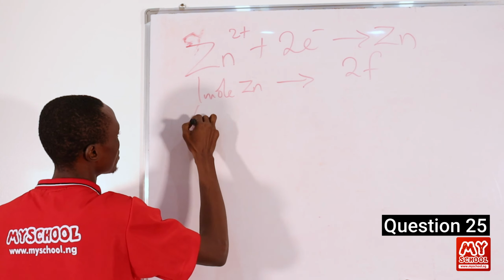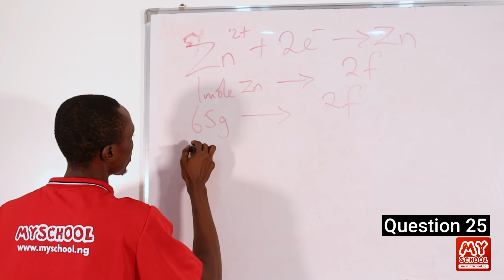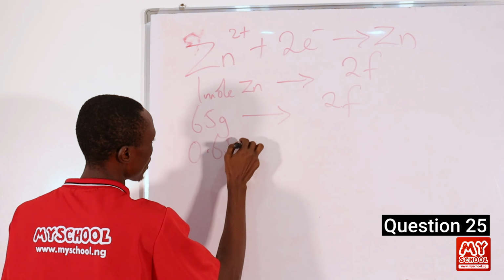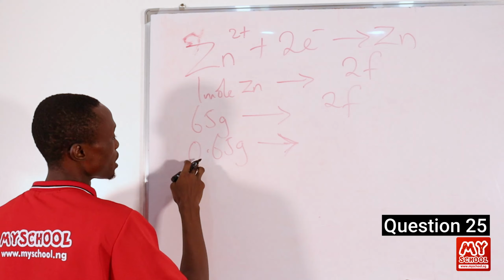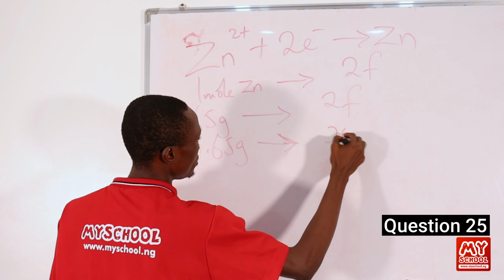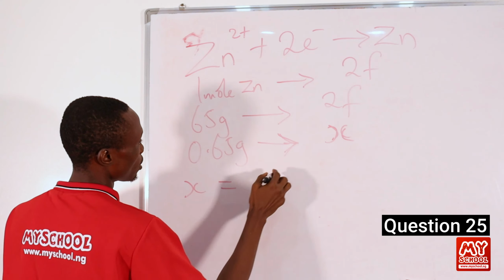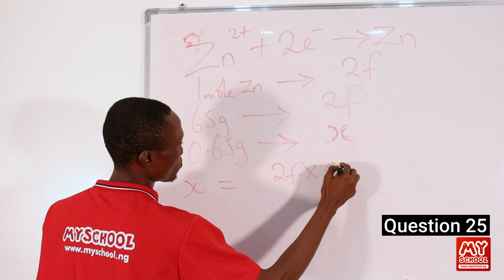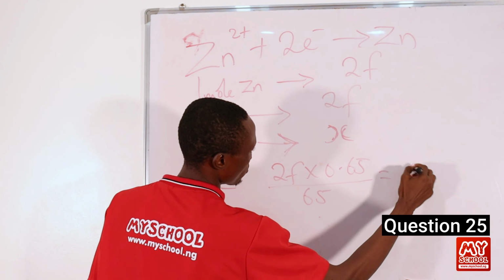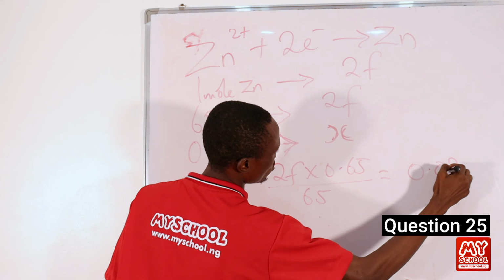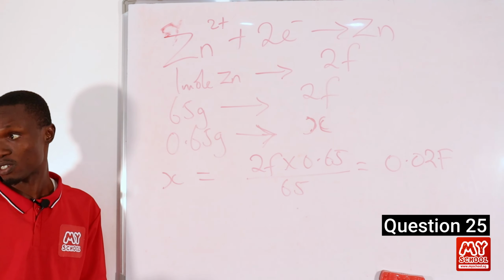So 65 grams of zinc will be liberated by 2 Faradays. So what about 0.65 gram? What is the quantity of electricity that will liberate it? Let's call it X. We cross multiply, so X is equal to 2 Faraday times 0.65 divided by 65, and this is equal to 0.02 Faraday.